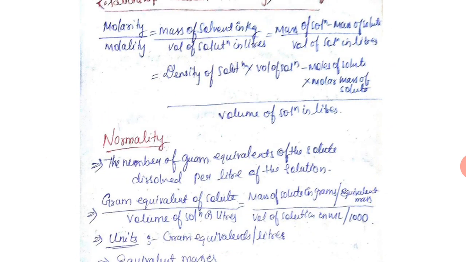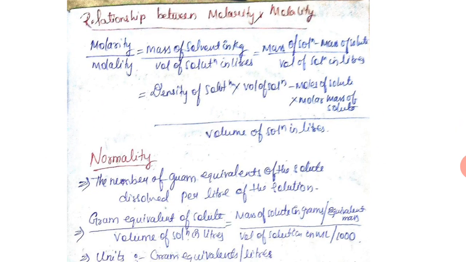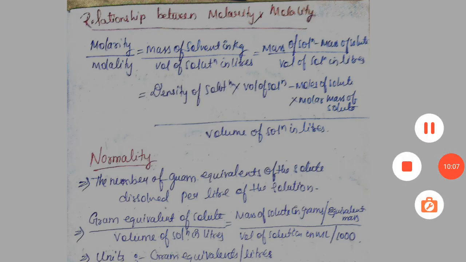Next, what is the relationship between molarity and molality? Here, molality is the mass of the solvent in kg, and molarity is by the volume of the solution in liters. So mass of solution minus mass of solute, by volume of solution in liters. I think it has been reversed.